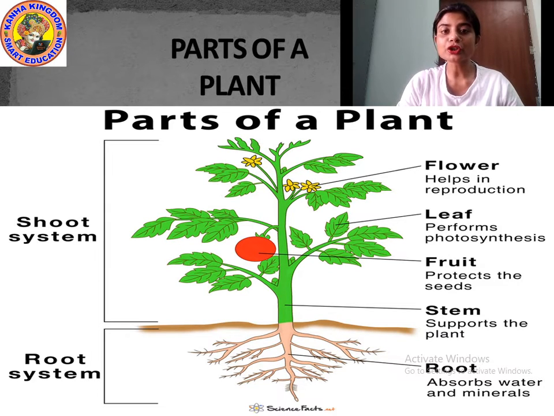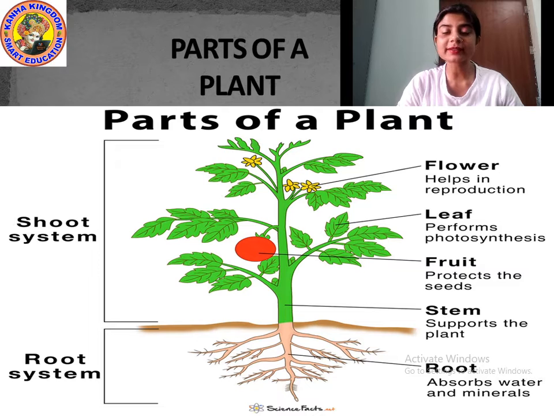The portion of the plant that is above the soil, that is called shoot system. And root system means the part of the plant which is below the soil. The part of the plant that is below the soil, that is called root system.